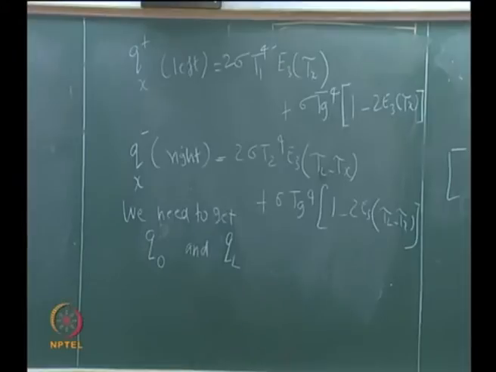So we need to get Q at 0 and Q at L. What are you doing now? Is it 0 or L? Or are you doing it at the center? 0 and L, okay, because I left it open at x.